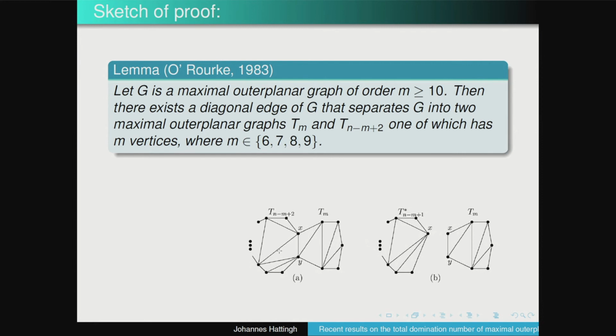You're going to either use Tn minus n plus 2, or Tn, or when you actually contract the edge xy. And you can see that the final total domination number is going to be smaller than the total domination number of those 2 pieces. And then show that that is eventually at most the floor of 3n minus 1 over 7. So that's how they proved it.